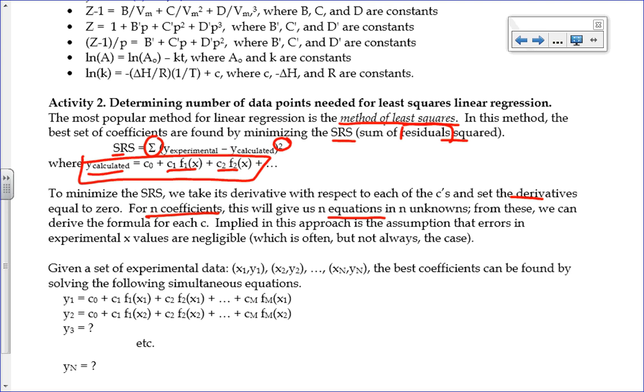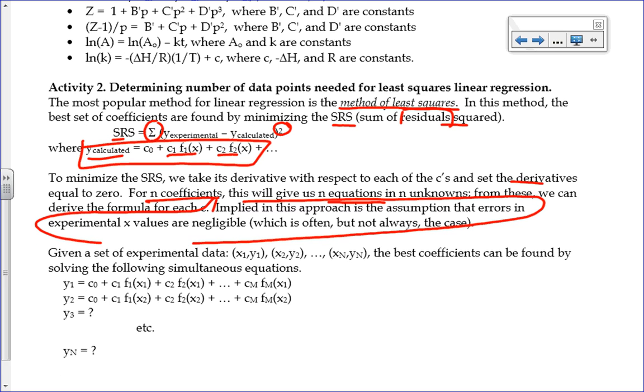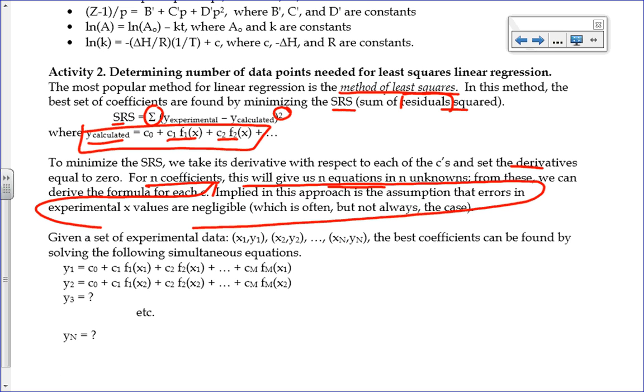Now, one thing you do need to be aware of is when you're doing this linear regression, you're assuming that errors in your experimental x values are negligible, which is often the case, because that's an independent variable that you can deliberately set, and usually that's something you can measure or set very precisely.